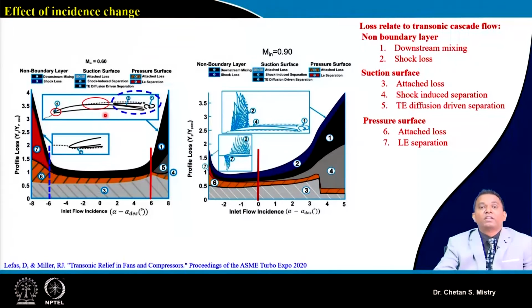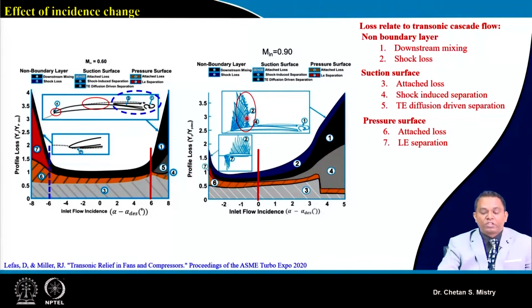Suppose I consider, for the same aerofoil, an inflow Mach number of 0.9. Suppose we look at the 0 incidence case. Even for the 0 incidence case we have the presence of shock losses. You can see what is happening when we have 0 incidence: I will have a whole lot of acceleration on my blade surface, and that leads to shock losses.